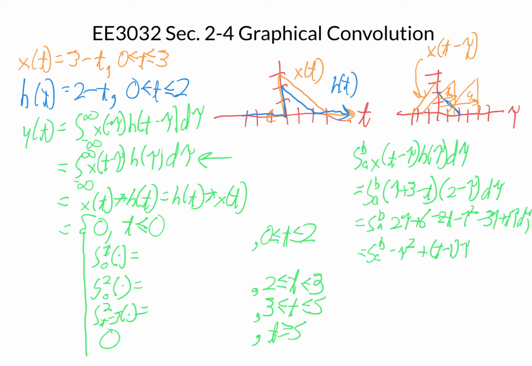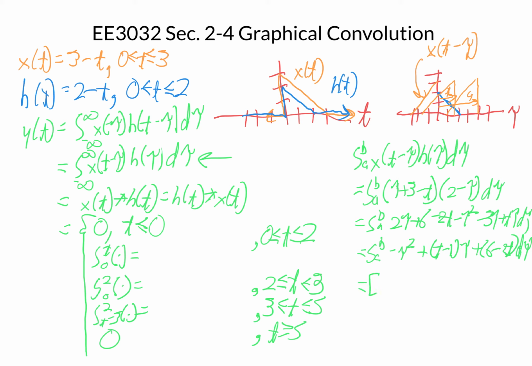So I'm getting this in terms of a polynomial with variable tau, and coefficients are based on the parameter t, which I'm treating as constant right now. And finally, I have the items that do not vary as tau varies, so that's the constant 6 and the constant minus 2t. So I have plus the constant 6 minus 2t, and I integrate that with respect to tau.